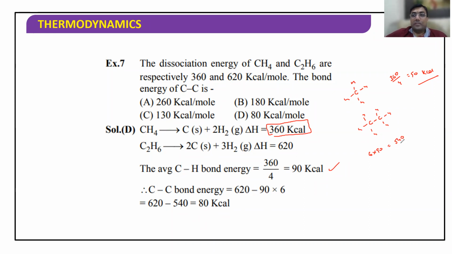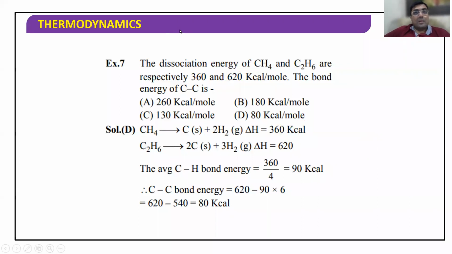Right, 90 into 6 is 540. Now, what about the C-C bond energy? The whole bond energy of C2H6, 620, is given, na? So 620 minus the C-H bond energy 540 will give the C-C bond energy. Clear or not?